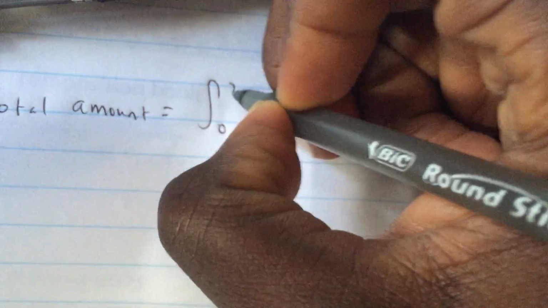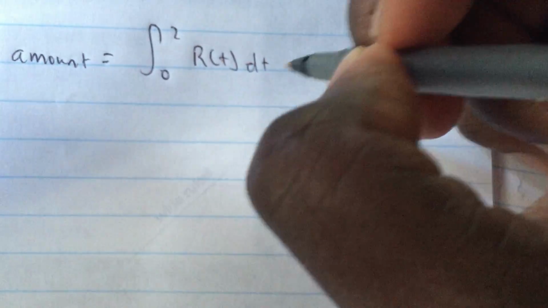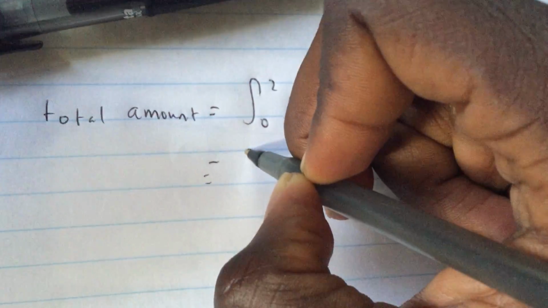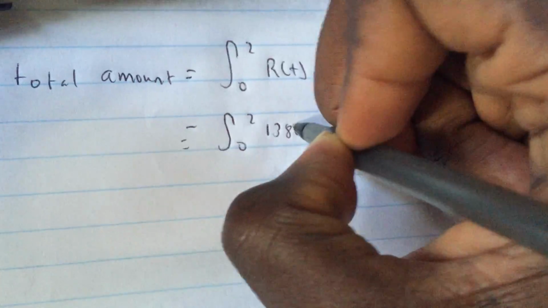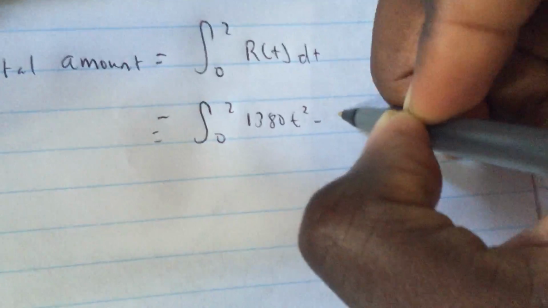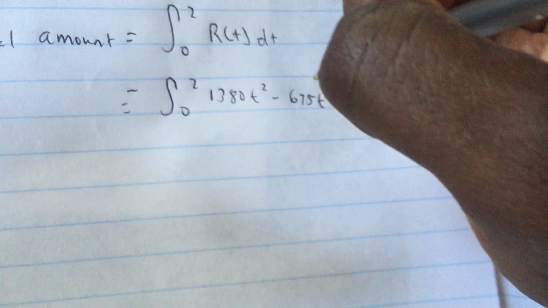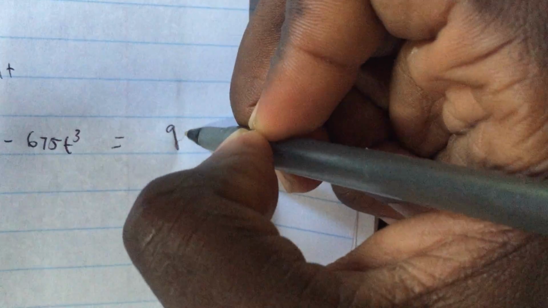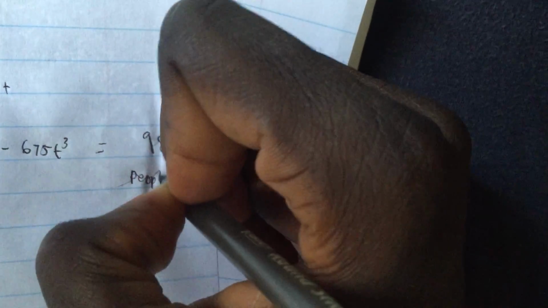So the interval is 0 to 2, and it'll be the integral of r of t dt, which equals the integral of 1380t squared minus 675t to the third, which equals approximately 980 people. I ran out of space here, but 980 people.